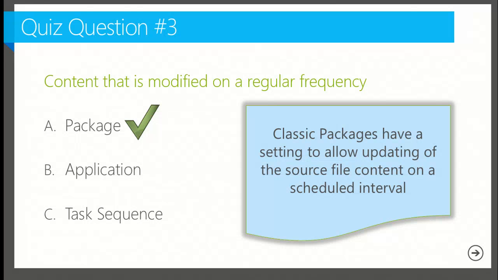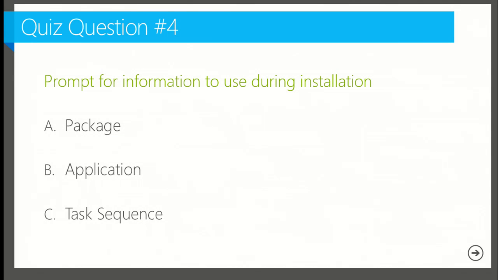So the easiest thing to do is to use a classic package that is targeting those source file locations, and then you can set the package to automatically update the content on whatever basis you want, be it daily, weekly, monthly, whatever it is, for redeployment to systems, so long as that deployment is then running on a recurring schedule.